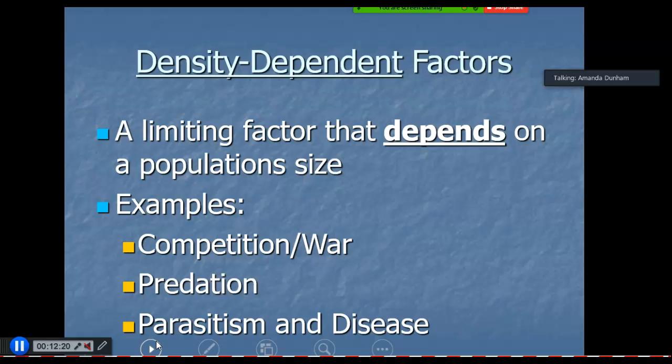Parasitism and disease. You could talk about coronavirus here. Do you think coronavirus spread as rapidly through, let's say, New York City as it did Montana? We could take probably any city in Montana and compare it to New York City. The population is going to be way denser in New York City, so the disease ran through that city pretty fast.